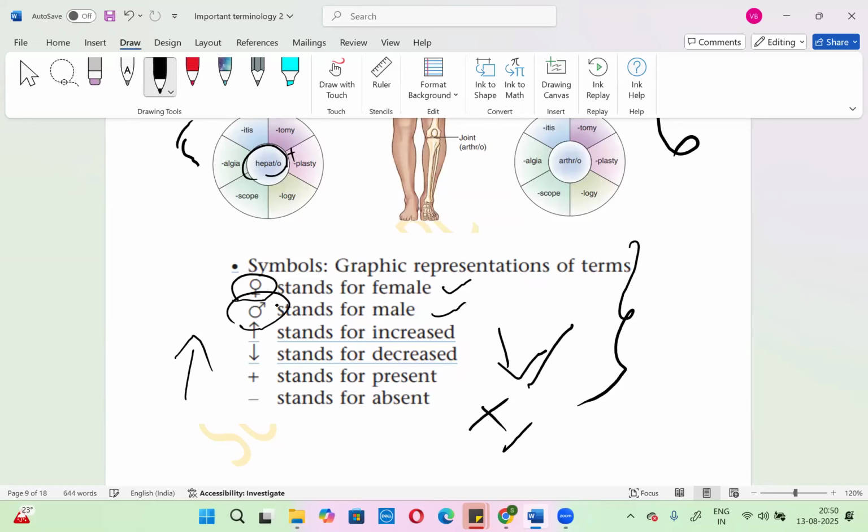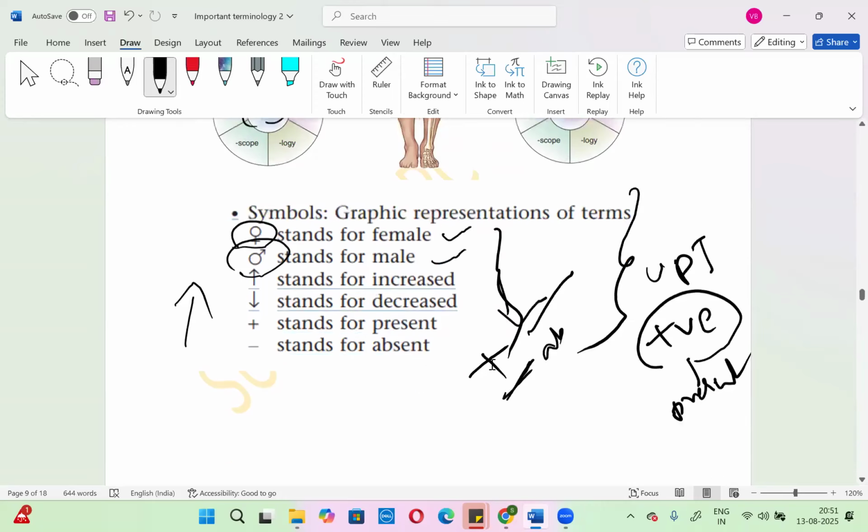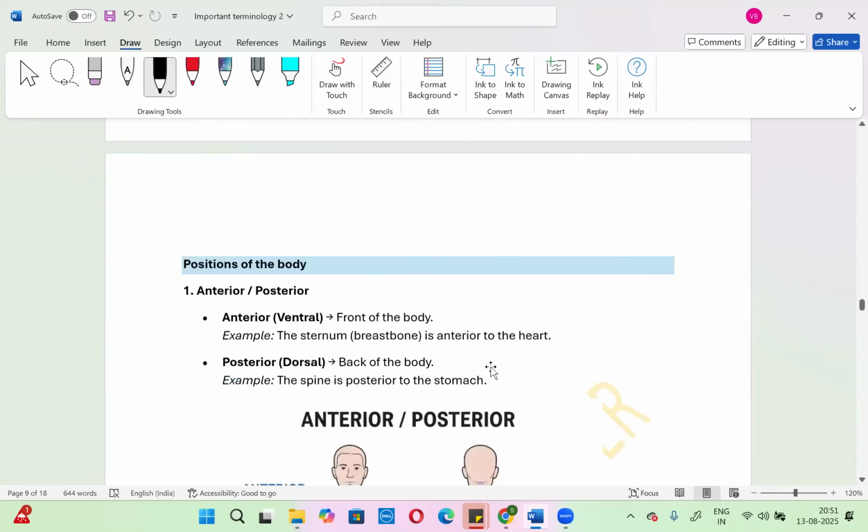Plus is nothing but present. Minus is nothing but absent. For example, a woman underwent a urine pregnancy test. The result is positive, so they will indicate it like this. So this meaning is what? It is present. Okay. So like this, you will come across some symbols also. You should know these symbols also.